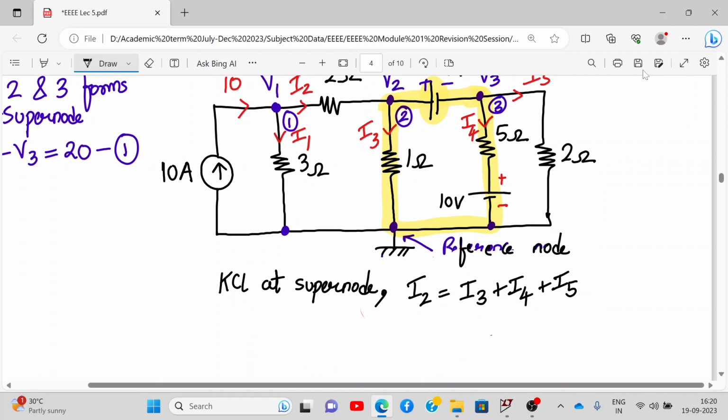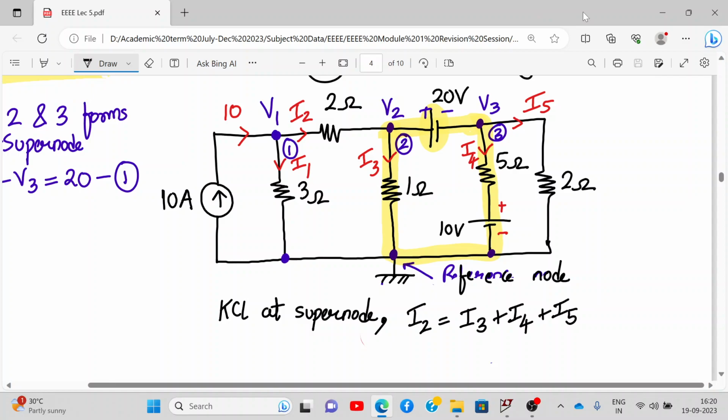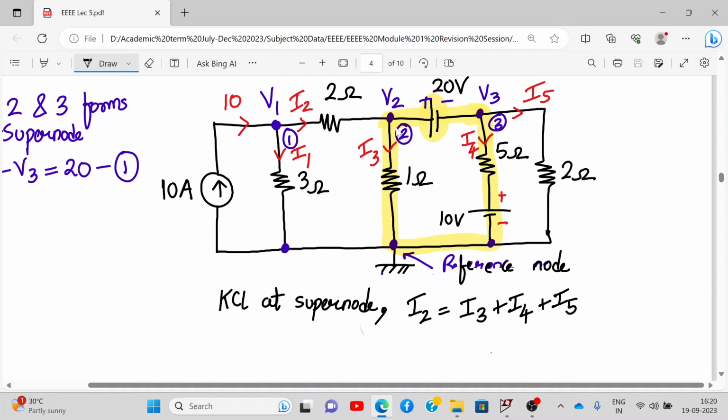Now what is I2? Basically, I2 will be the current flowing through V1 and V2. So it will be V1 minus V2 upon 2. I3 will be V2 upon 1.